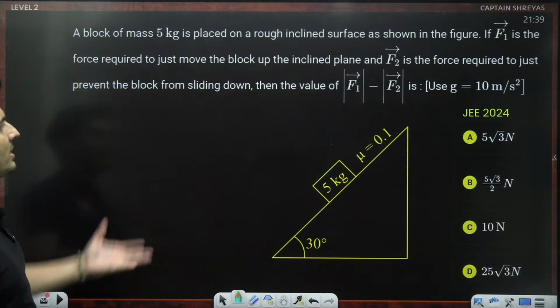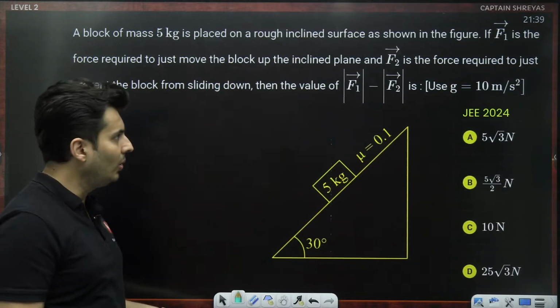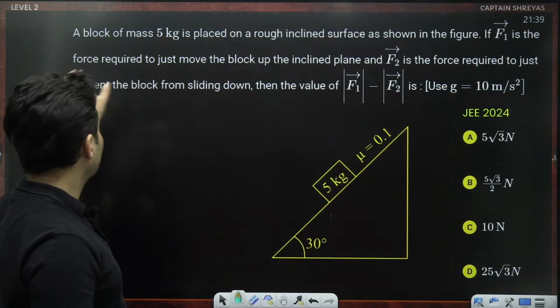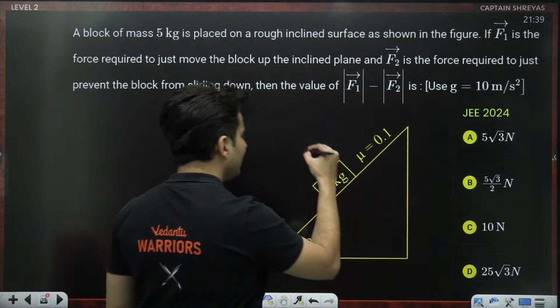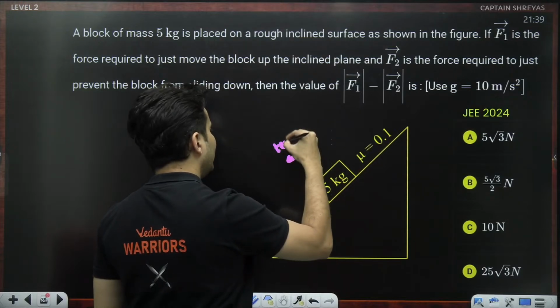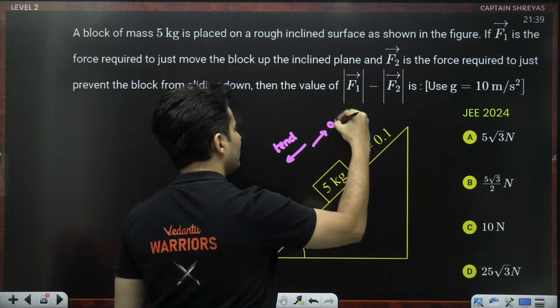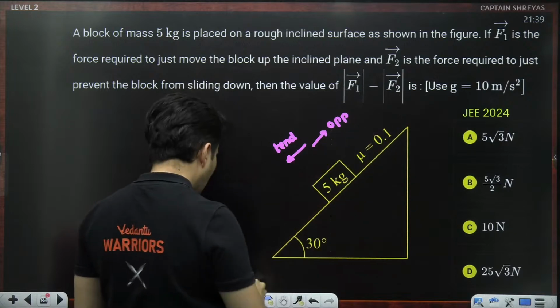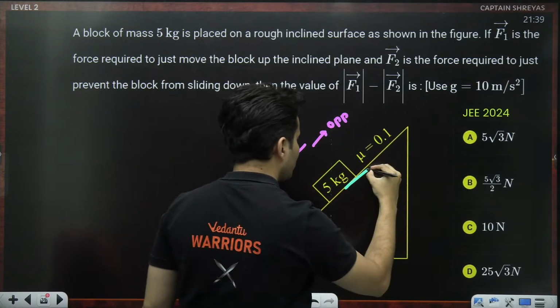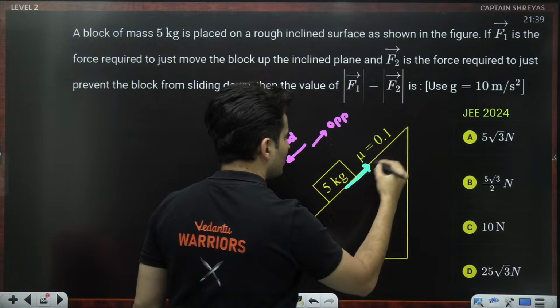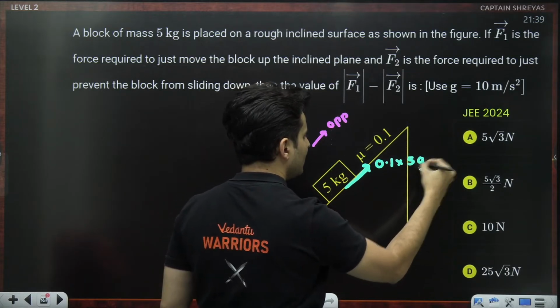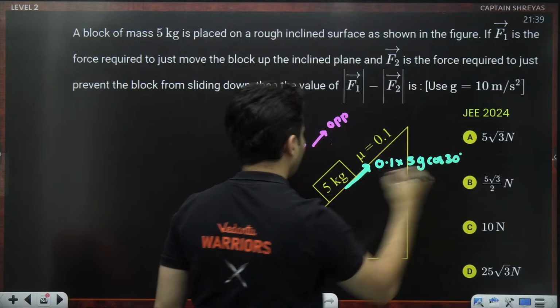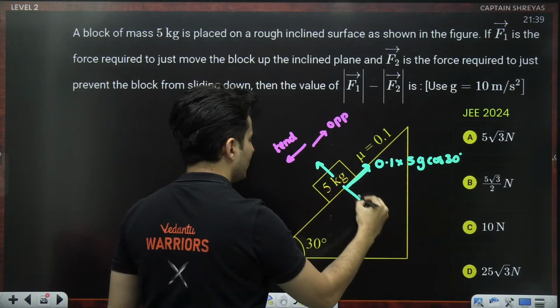Now use the same logic to find force number 2. Force 2 is required to prevent the block from sliding down. So the tendency is to slide down, and the opposing force should be up the incline. So the frictional force will be like this. It will be mu mg cos theta, which means 0.1 into 5g into cos 30. Normal mg cos will be there.